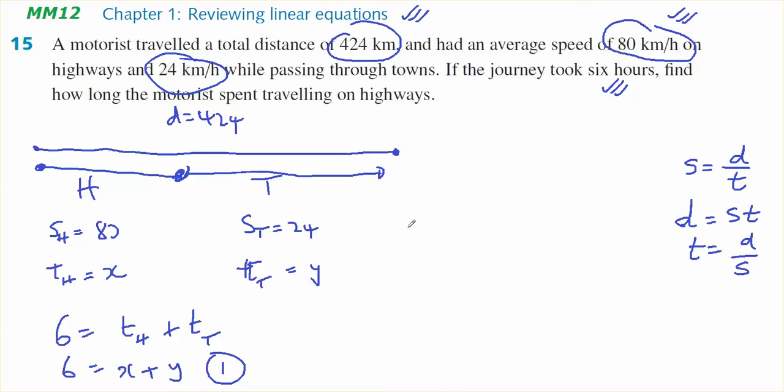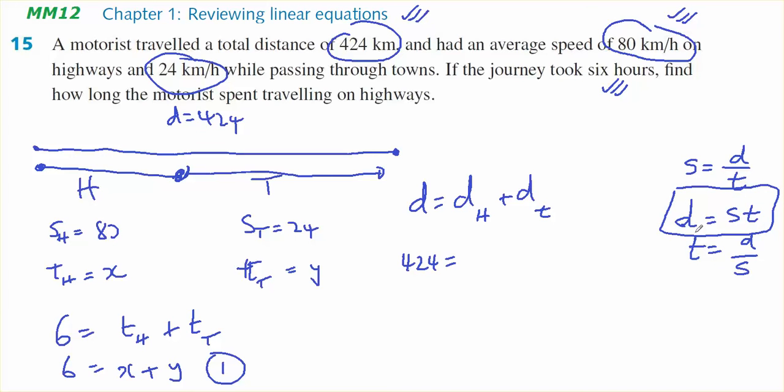The second part of the equation: I know that the total distance will be the distance travelling on the highways plus the distance travelling through the towns, which means 424 will equal the distance on the highways. Now, I know the average speed on the highways and the time on the highways, so I can use this distance rule, which tells me the distance on the highways will be the speed times the time, which should be 80x.